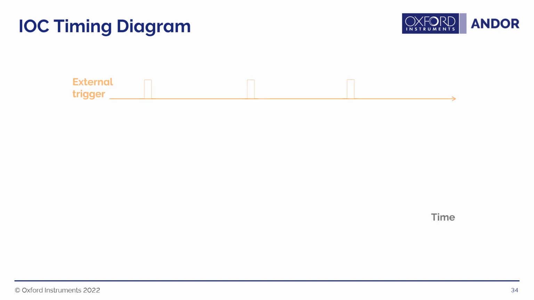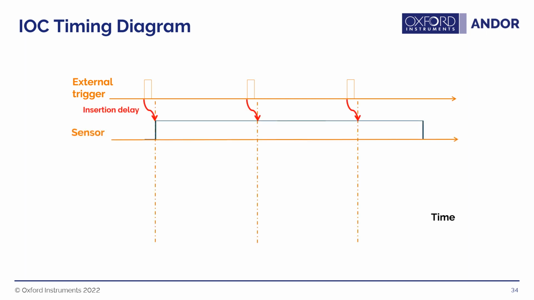Here's a timing diagram of this process. Again, you have your external triggers coming in, and the very first external trigger starts the sensor exposure. The subsequent triggers do not affect the exposure until the predefined exposure time is done. The only time the next trigger will actually affect the exposure is after this exposure is done; if there's another trigger, it'll start a new exposure.